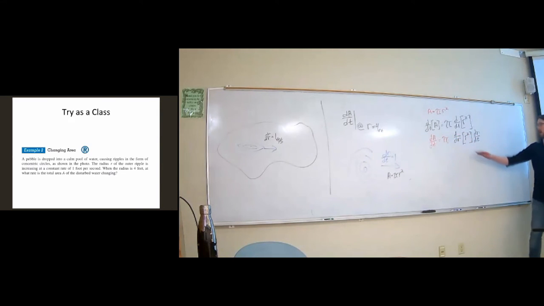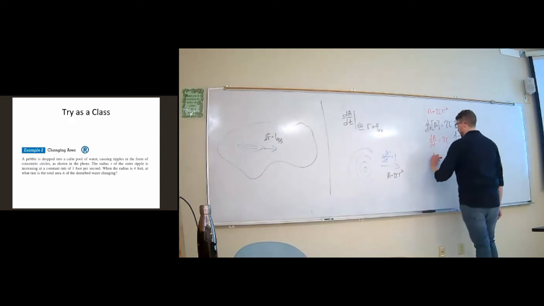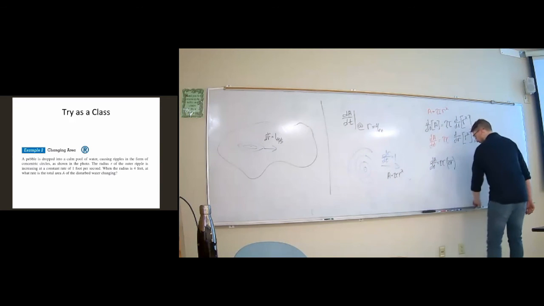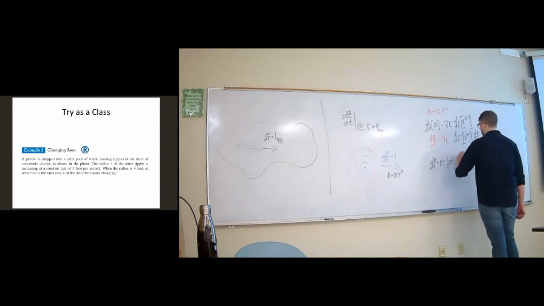So this is going to come out then to be dA/dt is equal to pi times 2r times dr/dt.